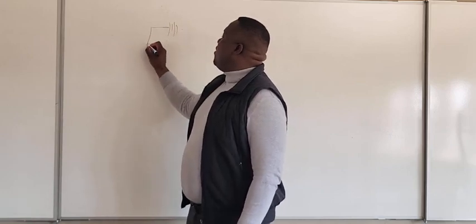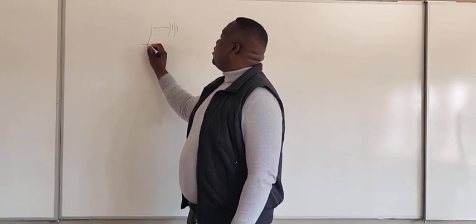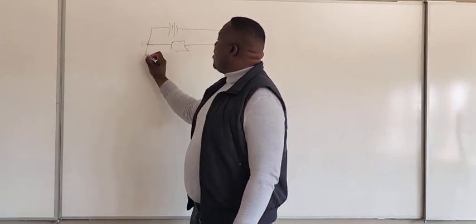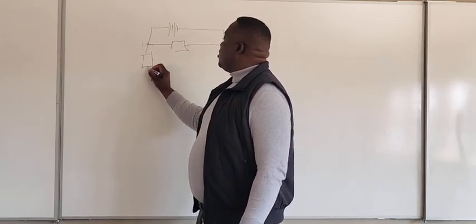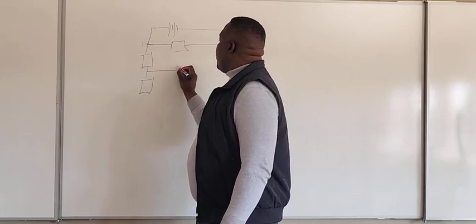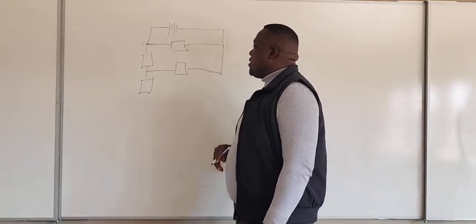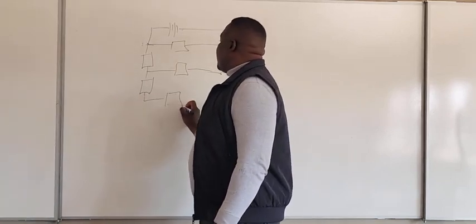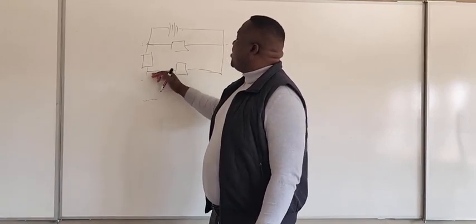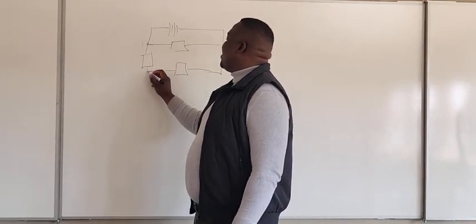Let's say we have a resistor here, another resistor here, and another here, and another. There will be many, because you are supposed to be examined on 4 maximum resistors, but I wanted to write so many resistors.